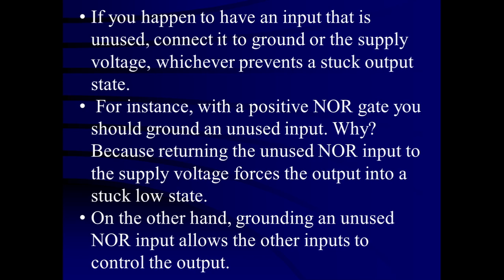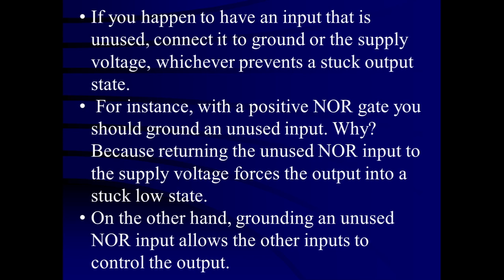That means if an unused input is connected to high, or to the supply voltage, then the output is definitely stuck in the low state, and the remaining inputs, which may be the actual inputs, will not be able to control this NOR gate, because the output remains low because the unused input is connected to the supply voltage.